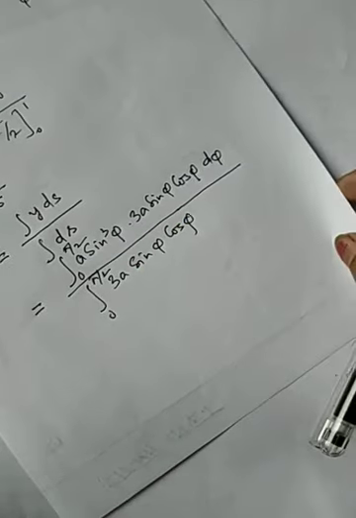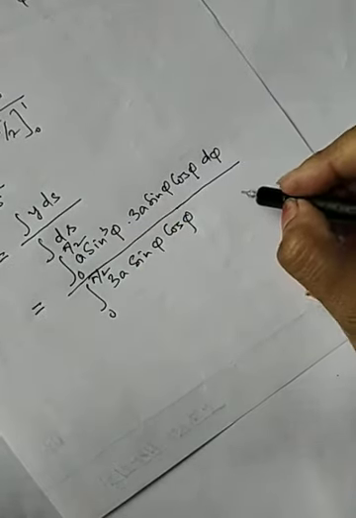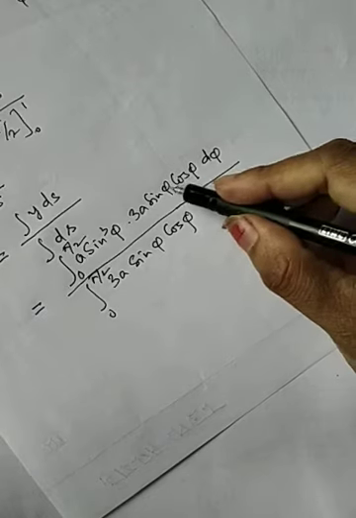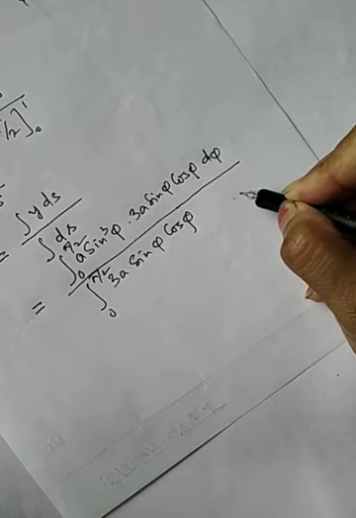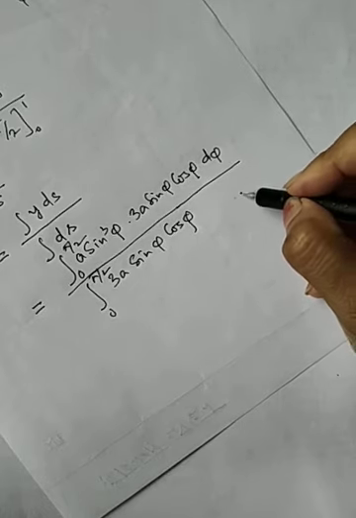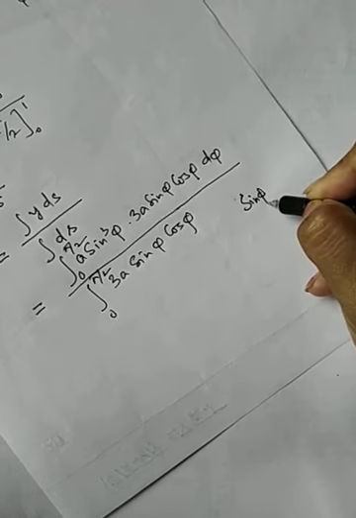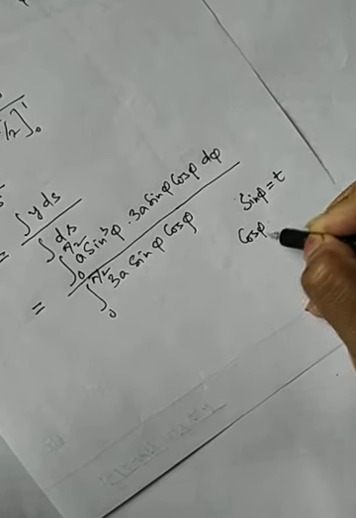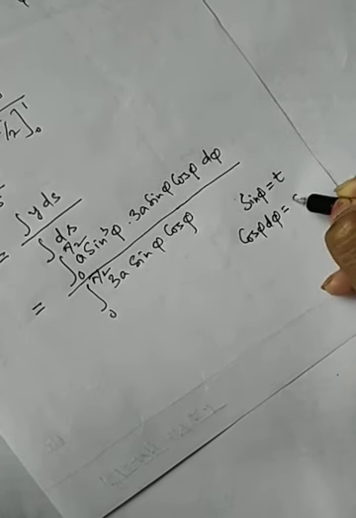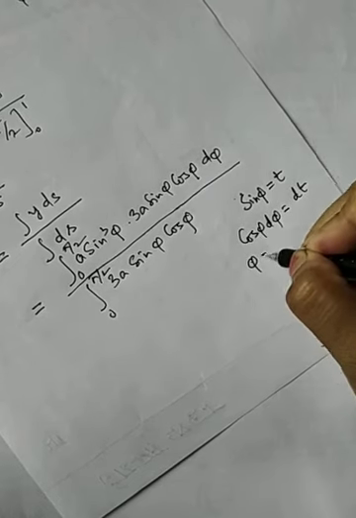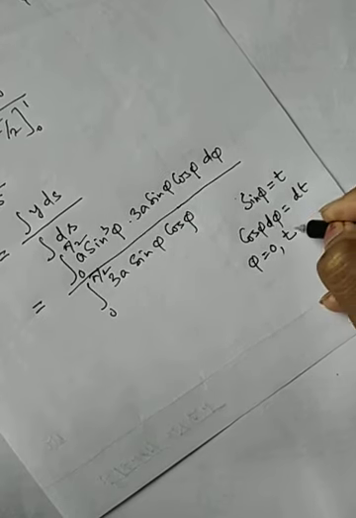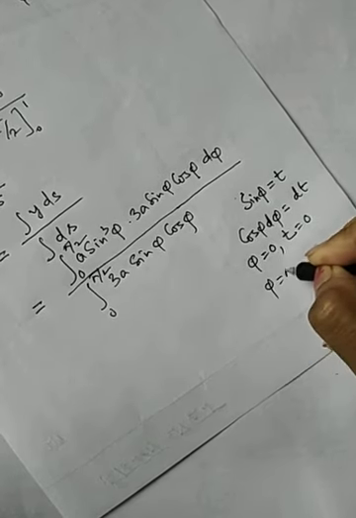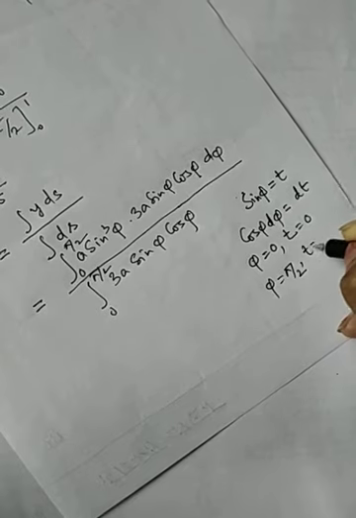Now let us take the substitution. Say in this case, let us take sin phi as t. Okay, so cos phi d phi is dt, and when phi is 0, then t is 0. When phi is pi by 2, then t is 1.